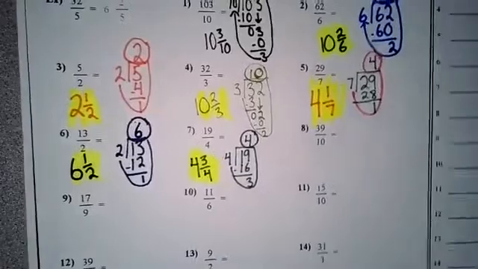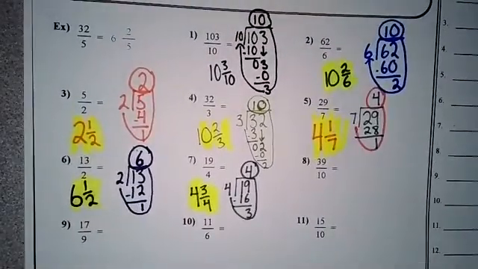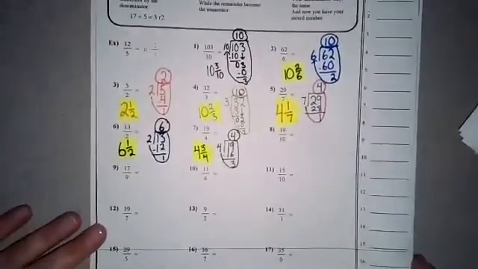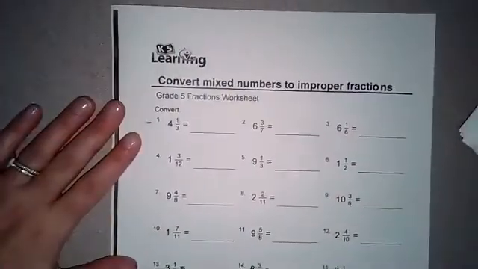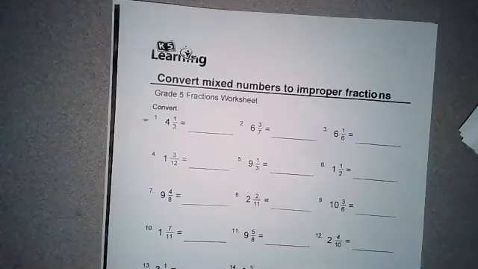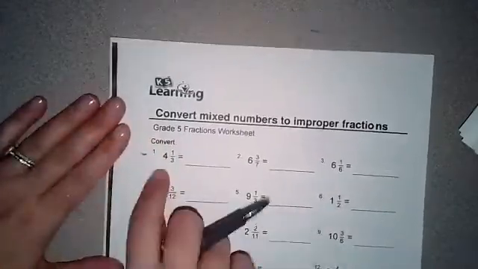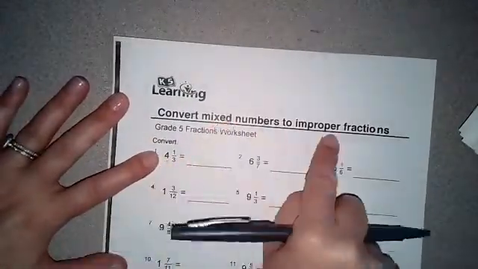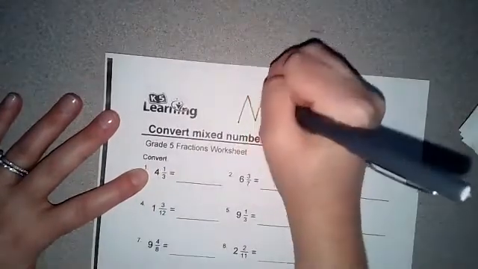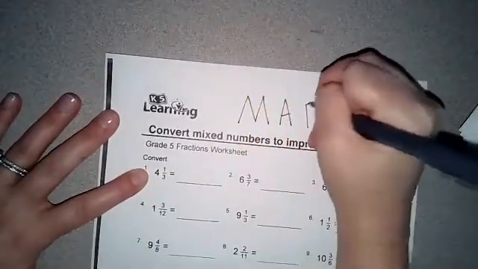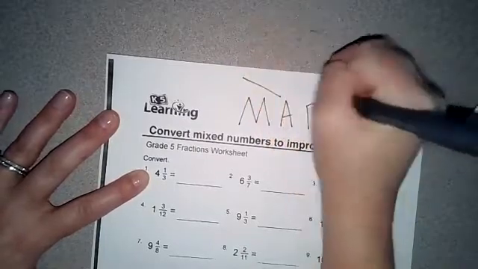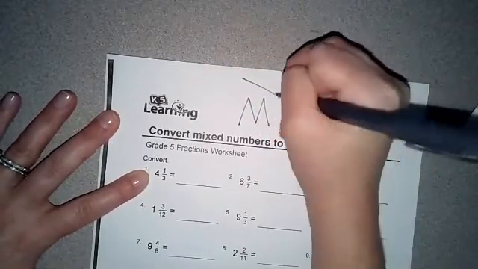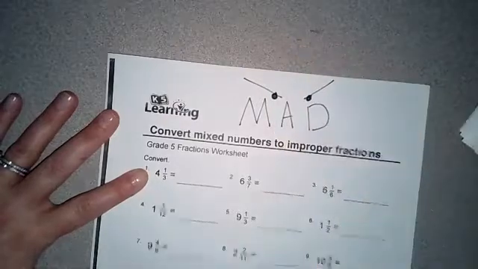Now let's flip over and we're going to go the other way. You're going to be responsible for doing the rest of these by yourself. These are the ones where, when somebody asks us to go from a mixed number to an improper fraction, we get mad. Right, mad up top? Draw some angry eyebrows and some little angry eyes up here.